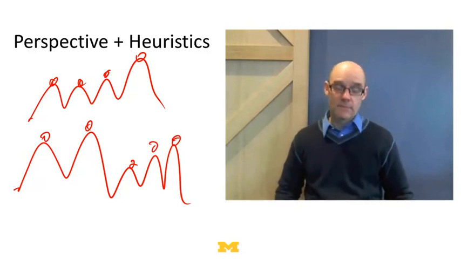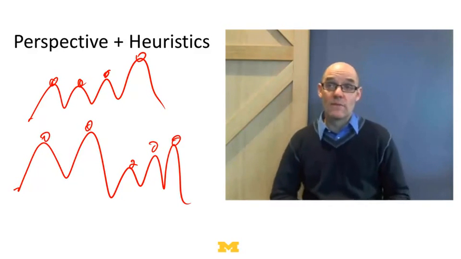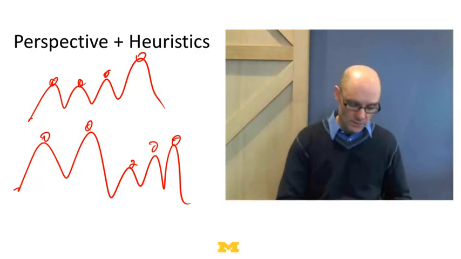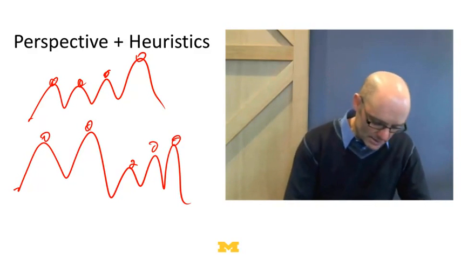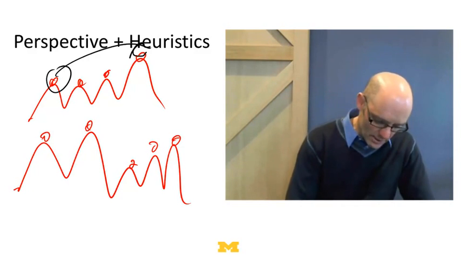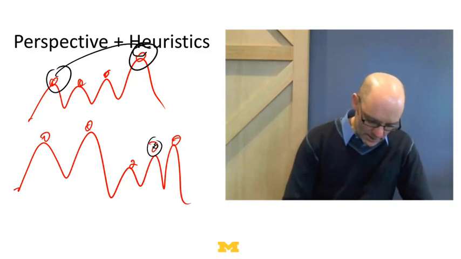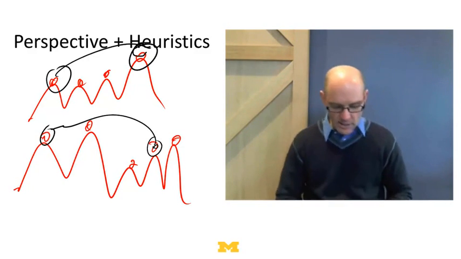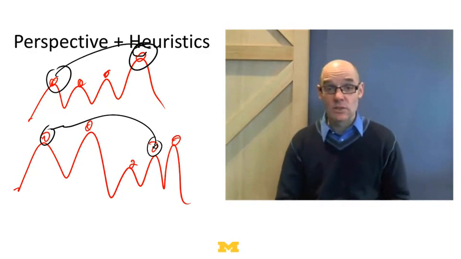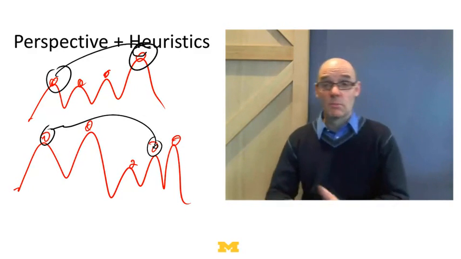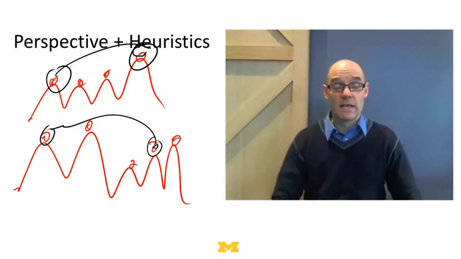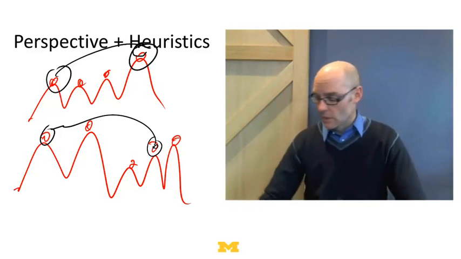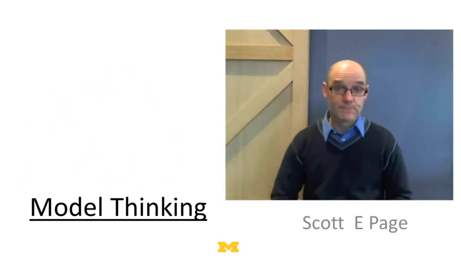Another person might not hill climb. They might do the opposite rule, which means that they jump all the way to the opposite side of the space. Well, that may mean that they don't get stuck at this point because they jump all the way to here, and they don't get stuck at this point because they jump all the way to there. So what we're going to see in the next lecture is how diverse perspectives plus diverse heuristics enable teams of people, groups of people, to find better solutions to problems.